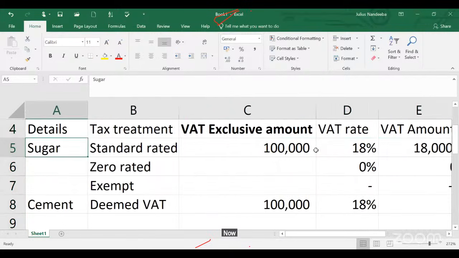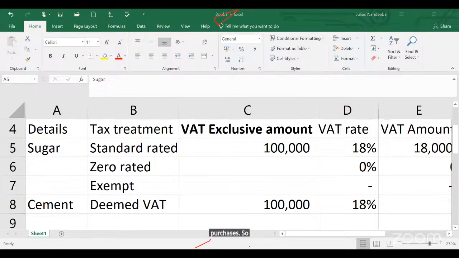Now, I am going to quickly take you through the items so that you can remember. If I see this item, I can easily tell whether it is standard rated, zero rated, or exempt. Quickly, then we'll go to the purchases.